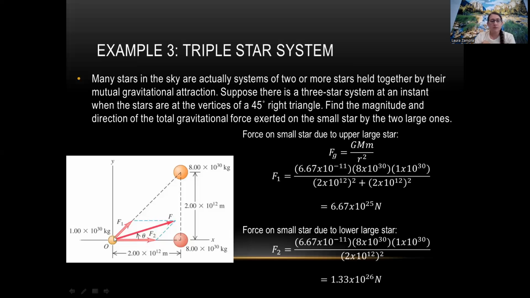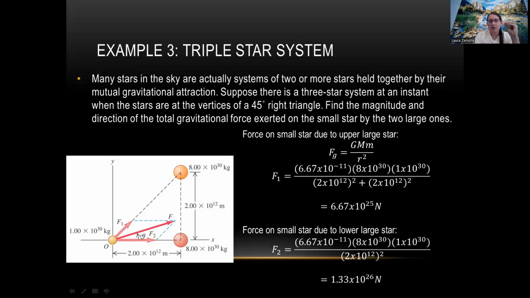So since this small star is slightly closer to this lower red star, it experiences a stronger force of gravity from that star than from the upper orange star. But it still has a considerable force of gravity from that upper orange star. So that's why this darker pink line, F, is a little bit closer to the red star than to the orange star.